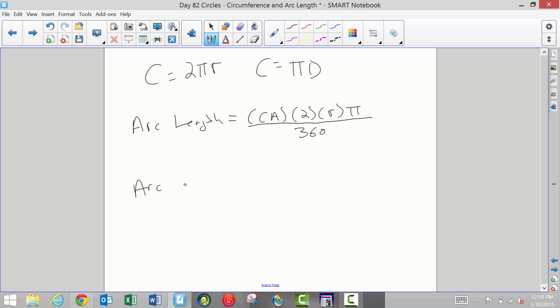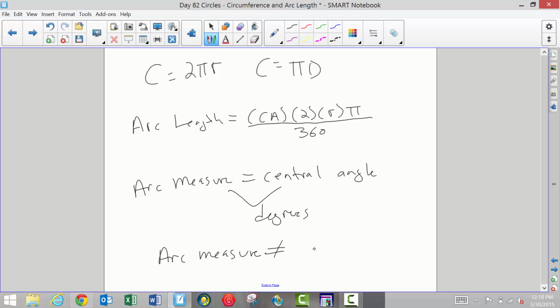Remember that the arc measure is equal to the central angle, and these are in degrees. And last thing, arc measure is not equal to arc length.